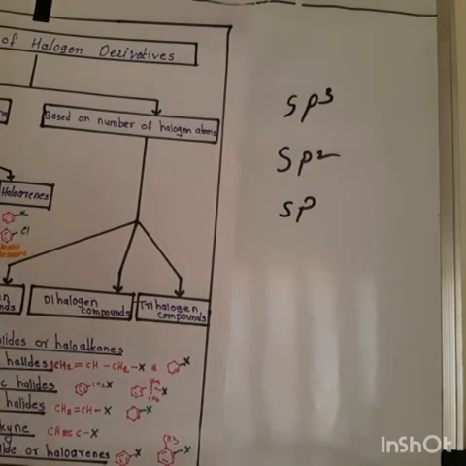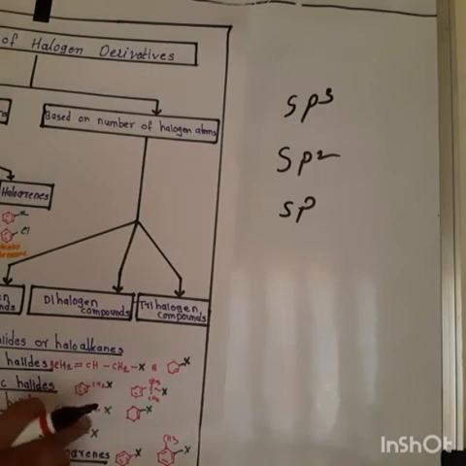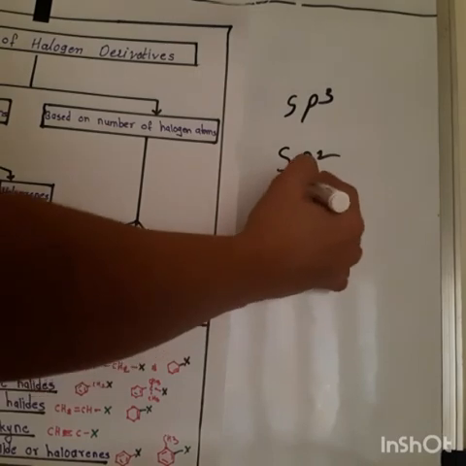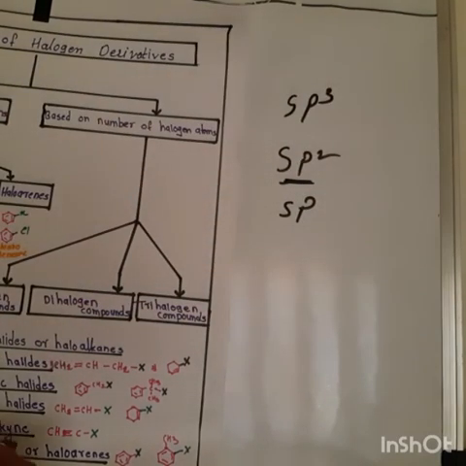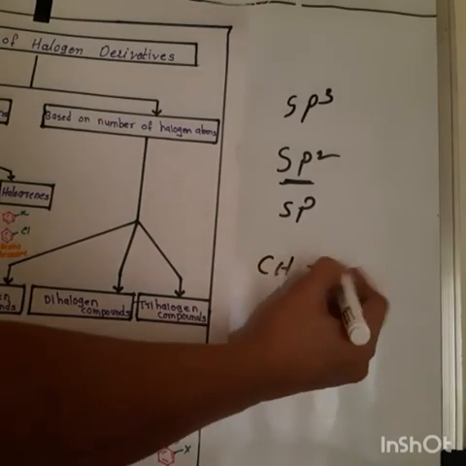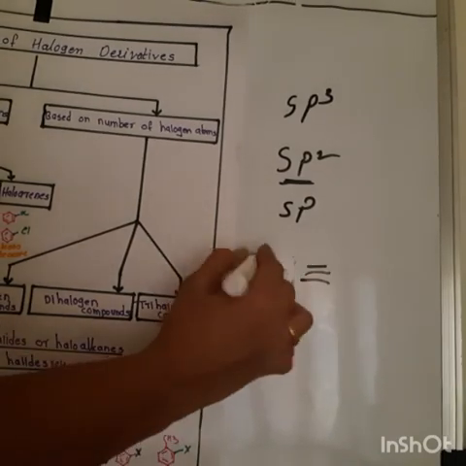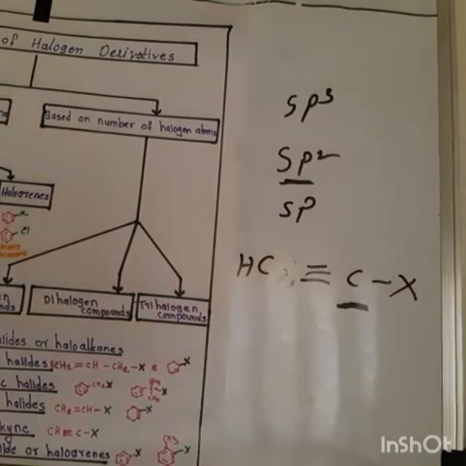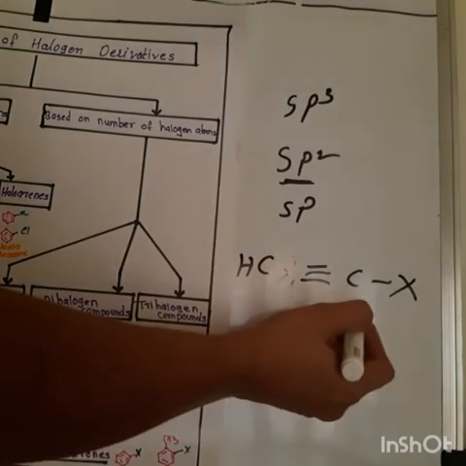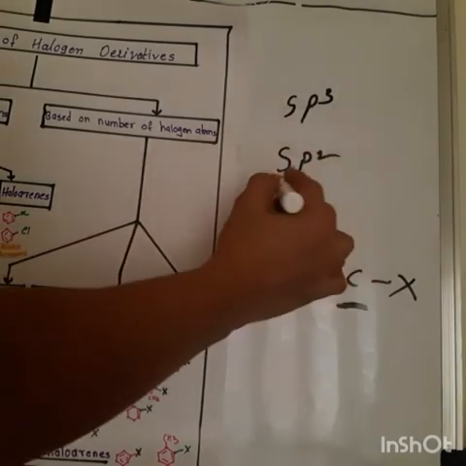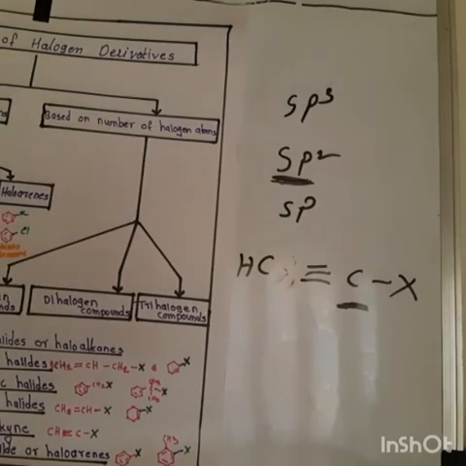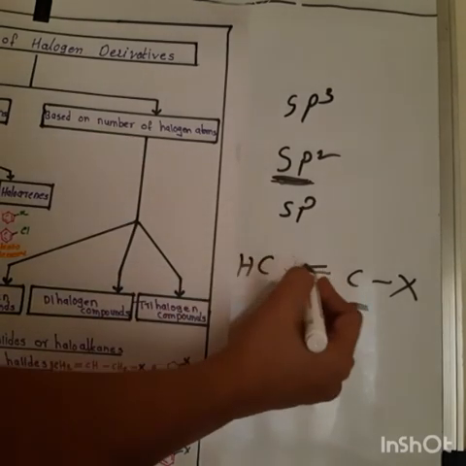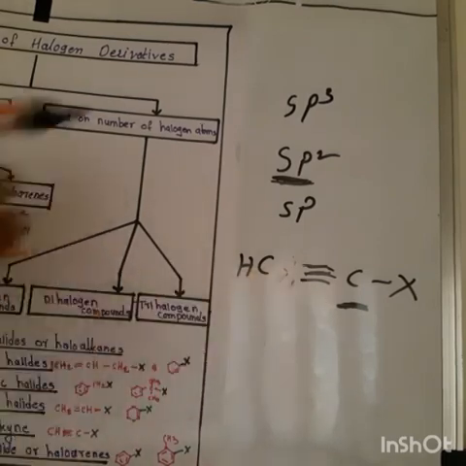In vinylic halide, the halogen atom is attached to the sp2 carbon atom, and in haloalkyne, the halogen atom is attached to the sp carbon atom. This carbon atom is an sp hybridized carbon atom. The term hybridization is too long to explain here now. You all know about the hybridization.